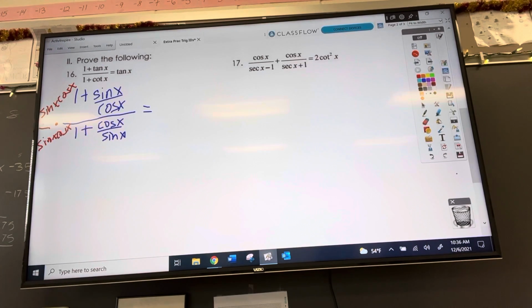Okay, so that's what I'm doing. So this 1 becomes a sine cosine. And then we'll end up with a sine squared times a cosine.